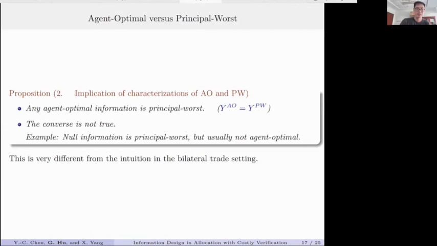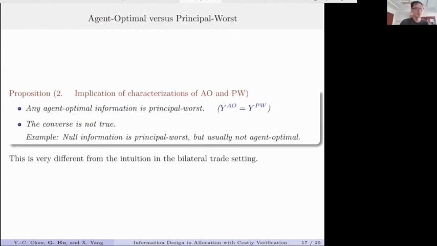This kind of result is similar to the result in the bilateral trade setting, like in Roesler and Szentes. There's a seller and there's a buyer in that setting. And intuitively, anything that favors the seller has to hurt the buyer because they split the same surplus.